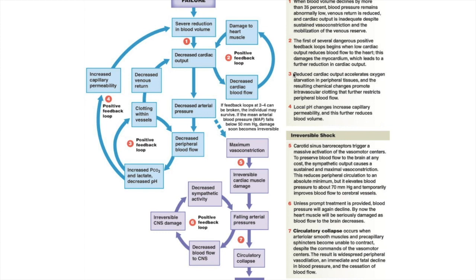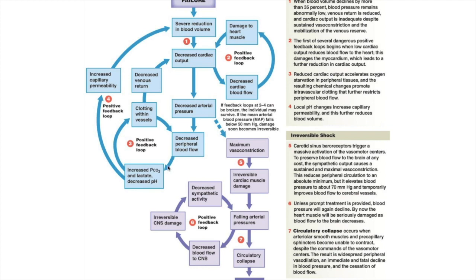Shock develops when our normal compensation mechanisms cannot maintain adequate cardiac output and blood pressure. Circulatory shock, as we see here, involves several positive feedback loops that decrease blood volume. The first is damage to the heart muscle, and when you damage the heart muscle, it's not going to work as well, so that's going to decrease cardiac output.